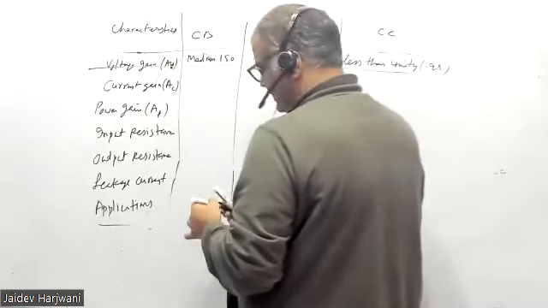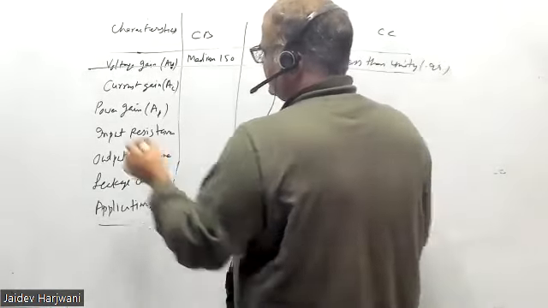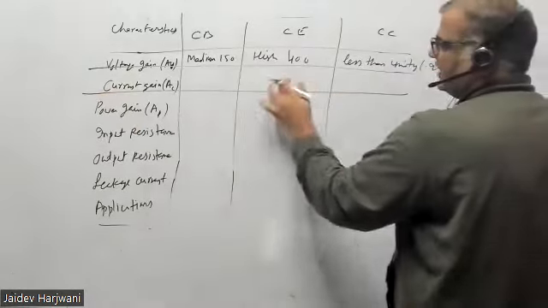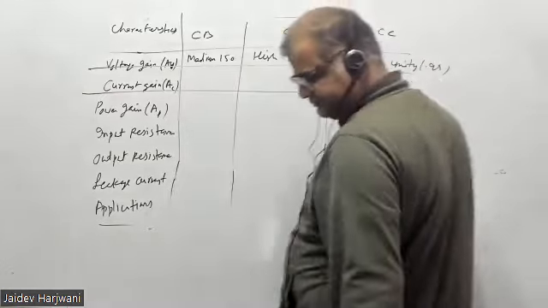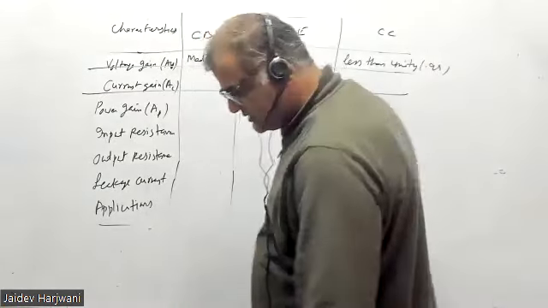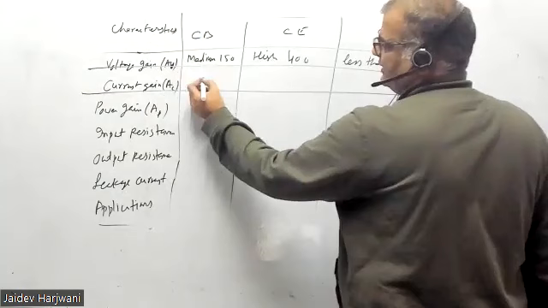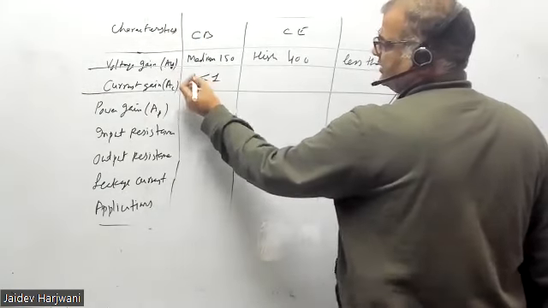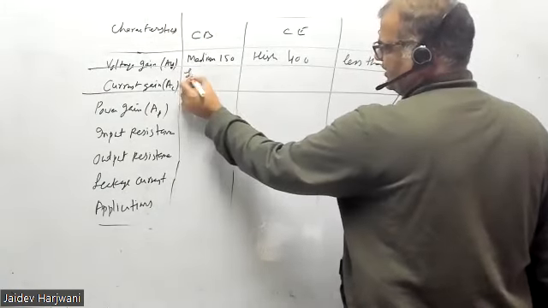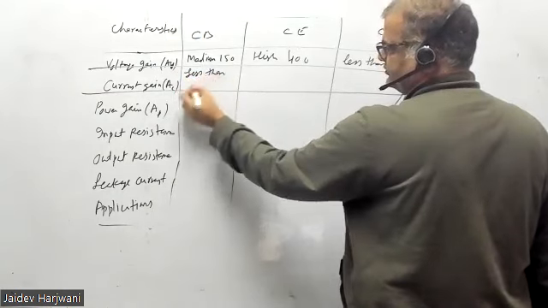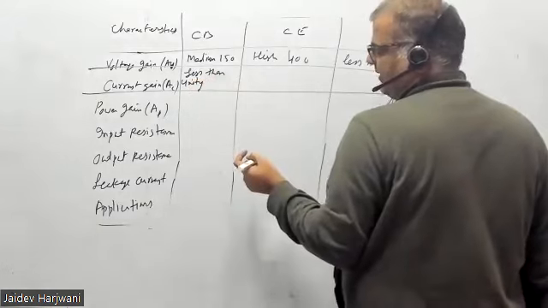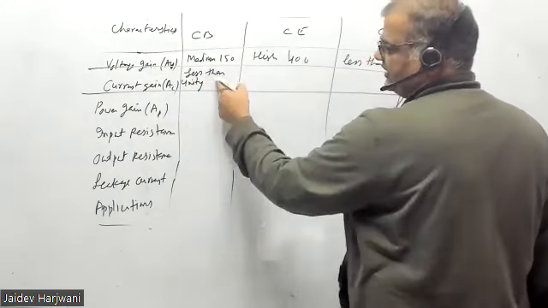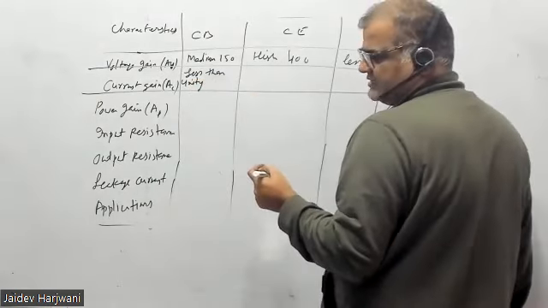The next is current gain. Current gain again is high here. And here the current gain is low, less than unity, less than 1, because it's IC by IE.